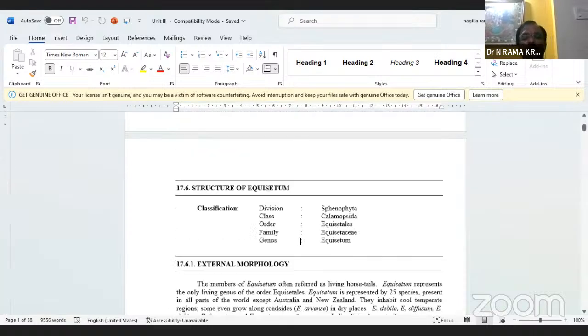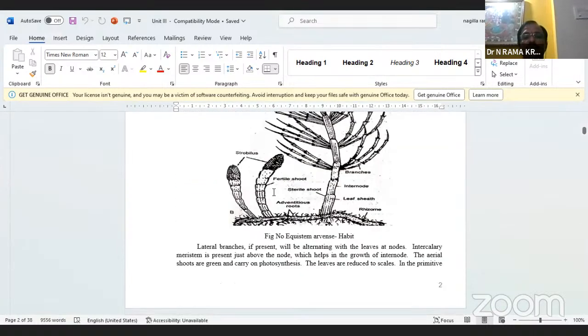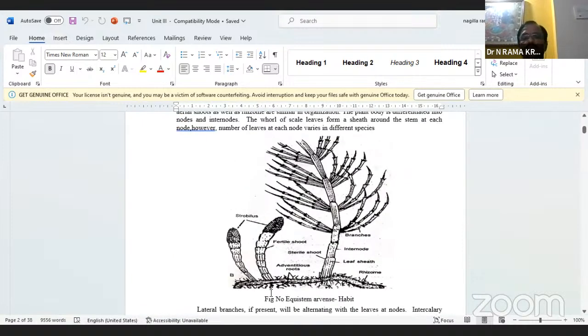Here I am showing the Equisetum plant. Is this plant visible? Hello, respond.